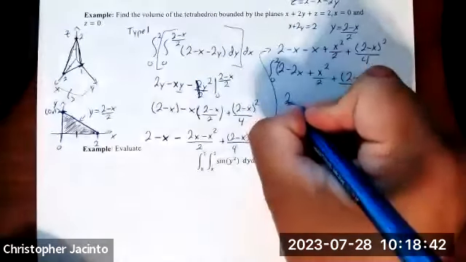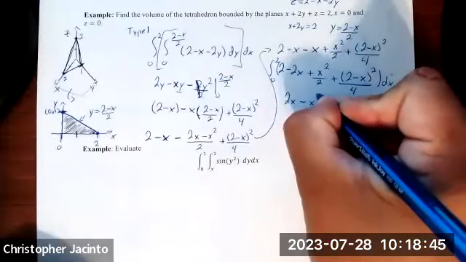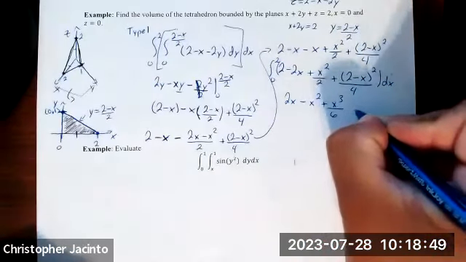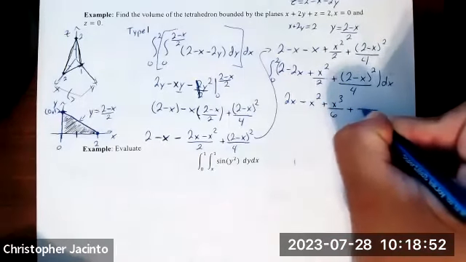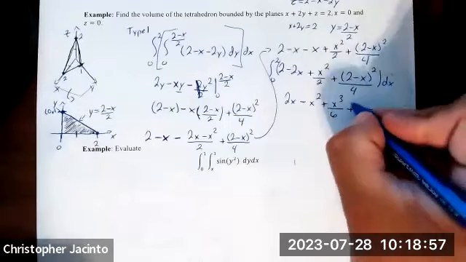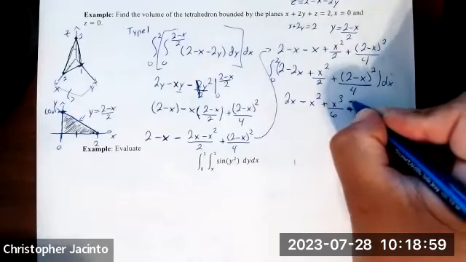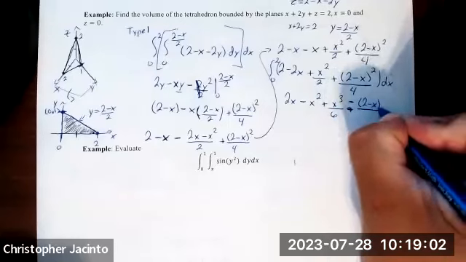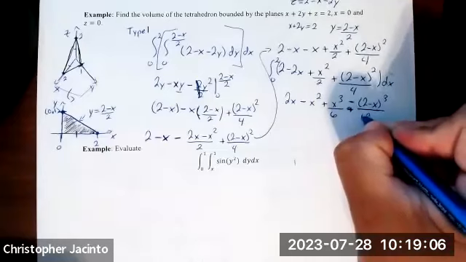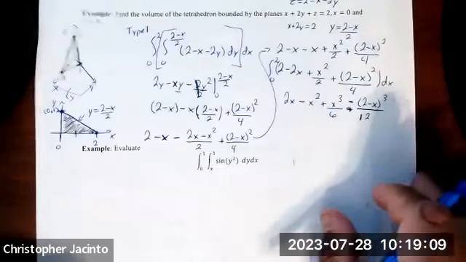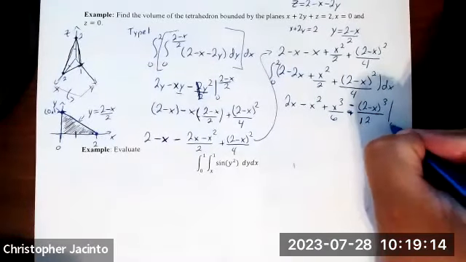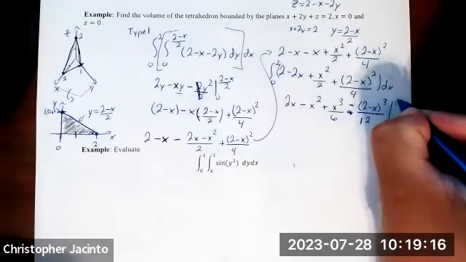So this becomes 2x minus x squared plus x to the third over 6 plus, this is a u substitution. So derivative of the inside is just going to be negative 1. So it should be negative on the outside of itself to the third power. So it's going to be over 12. Evaluated at 0 and 2.